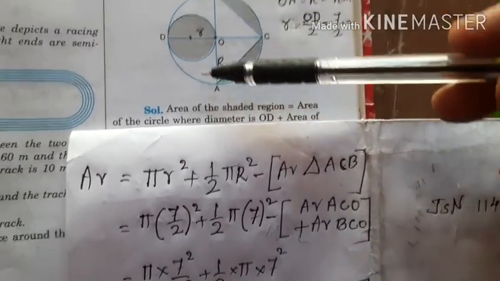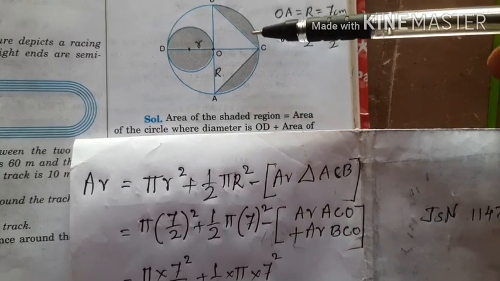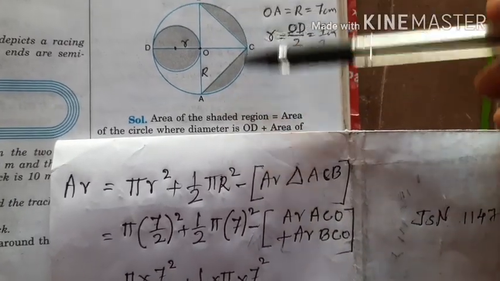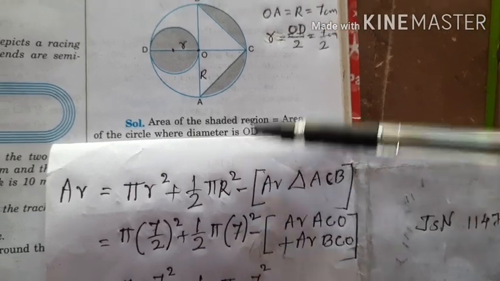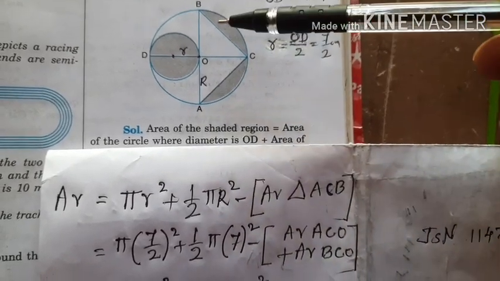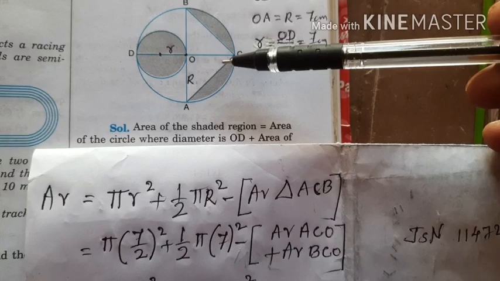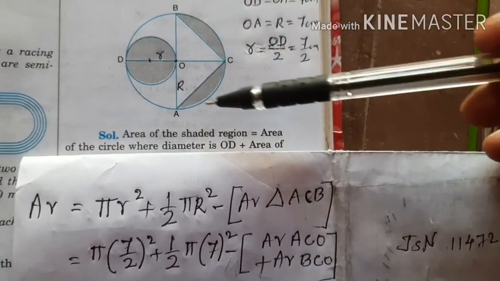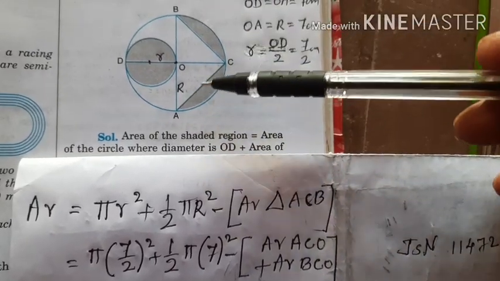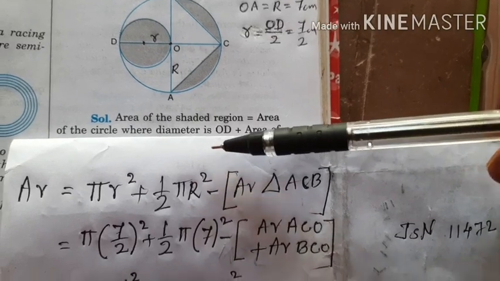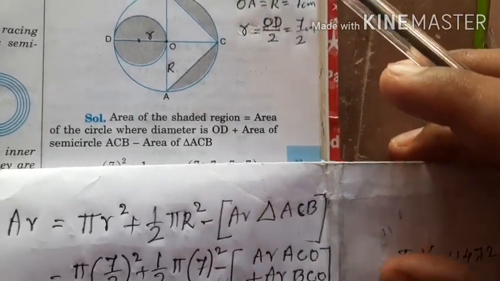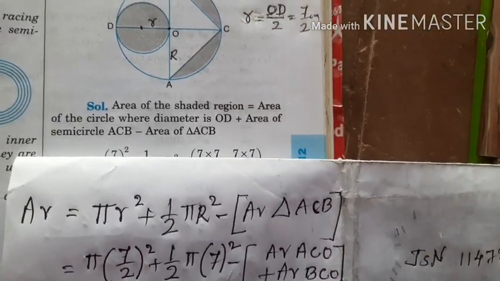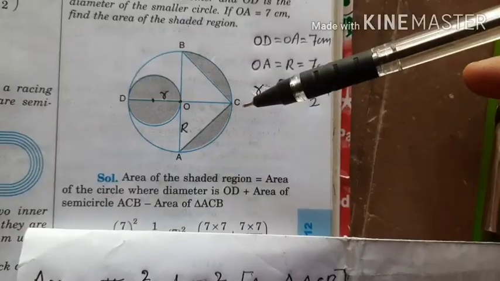Therefore, full circle area is pi R square and semicircular region is half pi R square. Full circle area is pi capital R square and the semicircular region area is half pi capital R square. Then minus the area of triangle ACB. Is it clear?